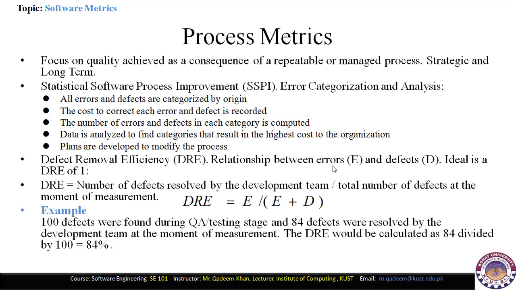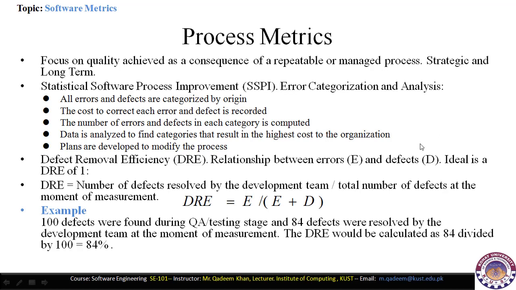And defects are those issues or problems which give us wrong results. It means that the program will compile and run correctly, but if a user performs a certain operation, then the operation will give us a wrong result or will not be completed. So these are called defects.